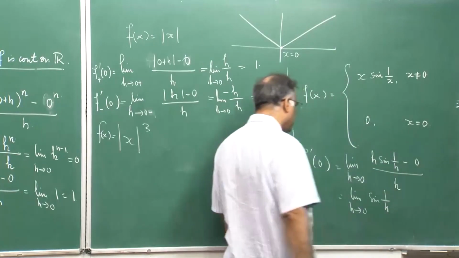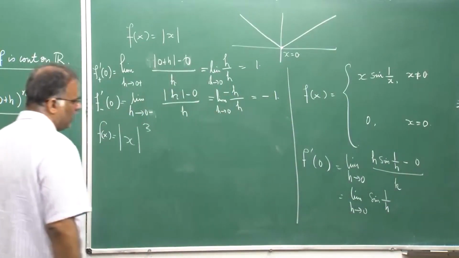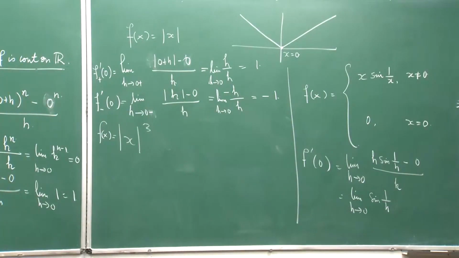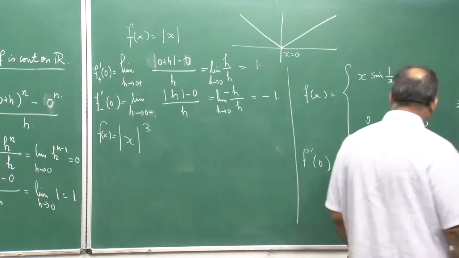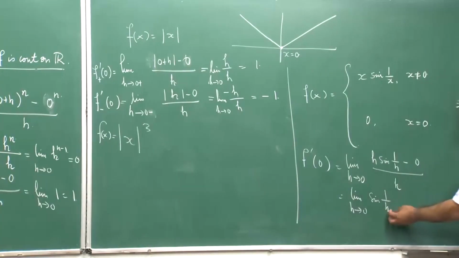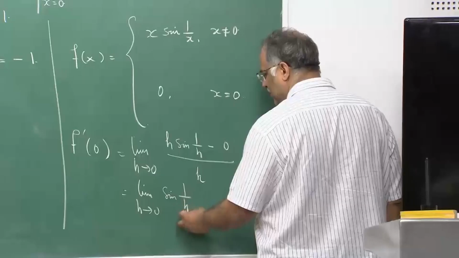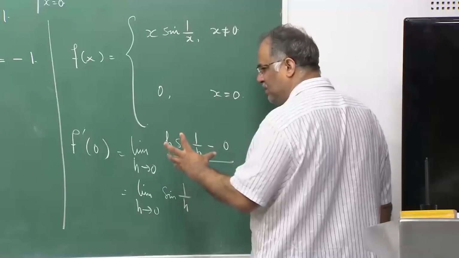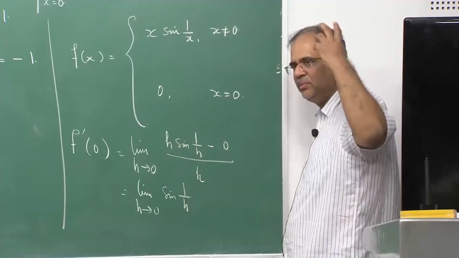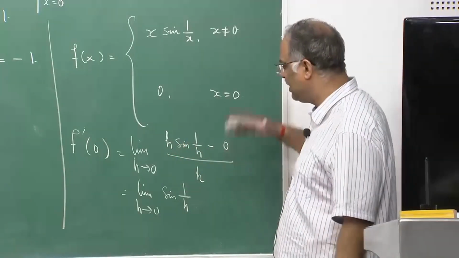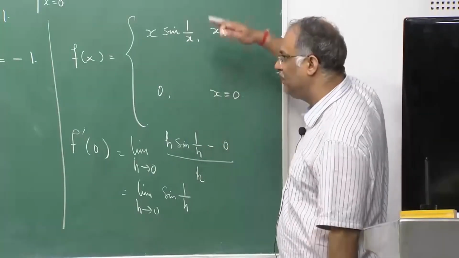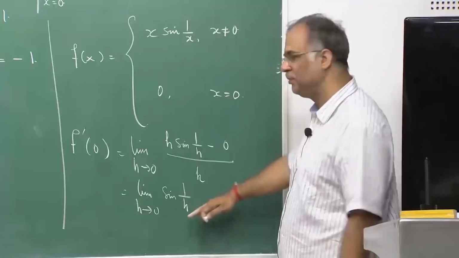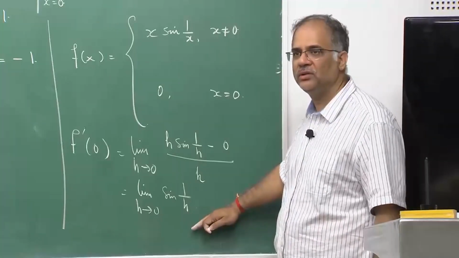Say h is tending to 0 from the right side, it does not matter, what would happen? Sine 1 by h becomes bigger and bigger. But as it goes bigger and bigger, if you remember the graph of the sine function, its values oscillate and it does not stabilize to any limit.